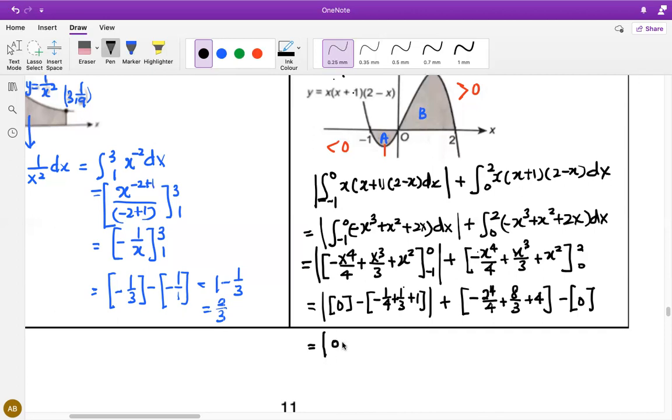You get 0 minus (negative 1 over 4 plus 4 over 3). Here you get 16 divided by 4 is negative 4, plus 4, plus 8 over 3, then minus 0. So you will get 8 over 3 here. If you use a calculator, this one will be 3, this one will be 4, 4, 16.